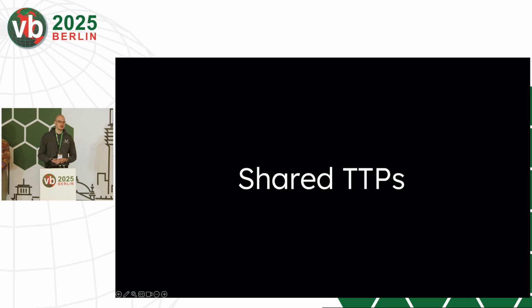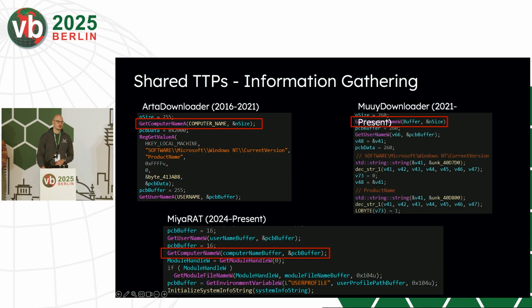That also means there is very little information in the payloads themselves which would aid the direct attribution of this actor. There are, however, some nice shared TTPs across this arsenal, which ties this tool set to a common actor, and therefore, of course, in combination with the other aspects, also aid the attribution. These are now a couple of shared TTPs that we're going to take a closer look at.